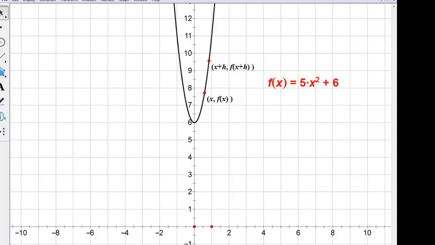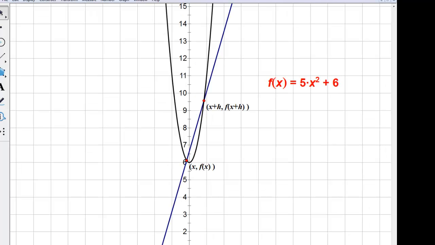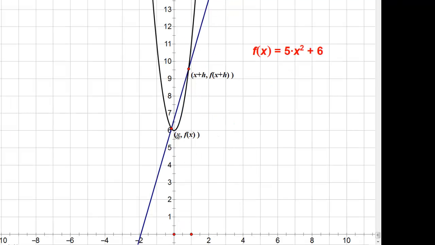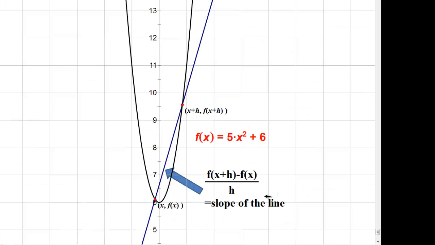Now when you compute the difference quotient, if you look at this line that goes through those points, how do you find the slope of that line? It will be the difference of the y coordinates divided by the difference of the x coordinates. And so that means the slope of that line is our difference quotient. When you computed that difference quotient, you were computing the slope of that line. That's the meaning of it.